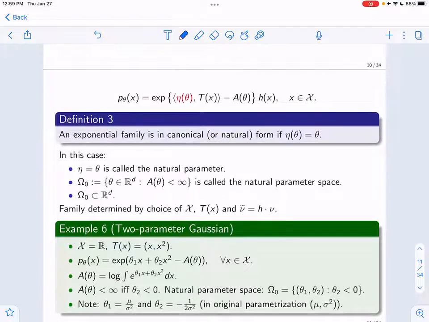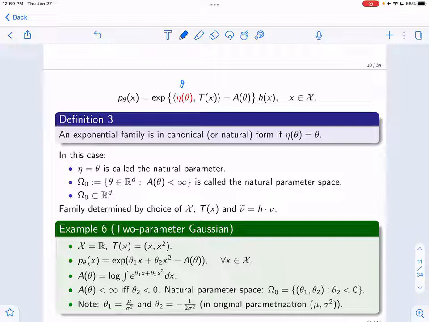Sometimes it's easier to work with a reparameterization in terms of this eta. So instead of using the original abstract parameter, you can use this eta, or in other words, you can say that I'm just going to rename that eta to be theta. Somewhat without loss of generality, you can work with these so-called natural parameters.